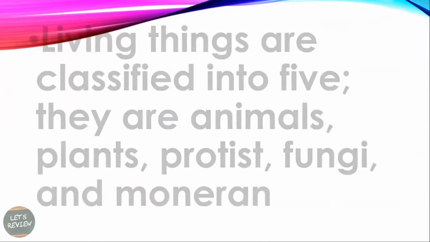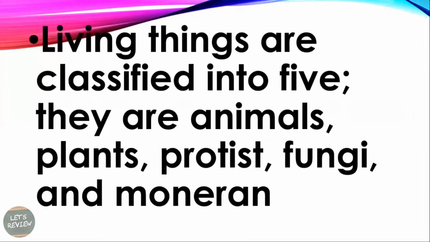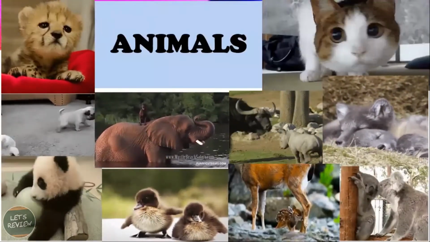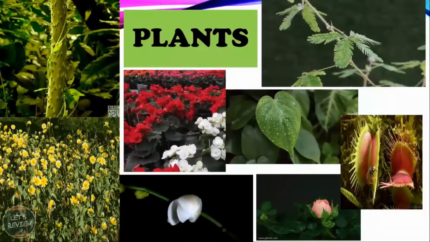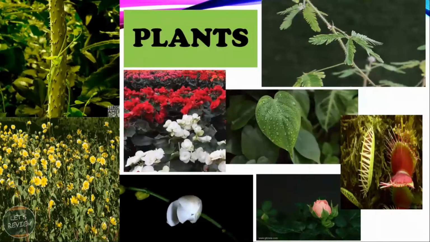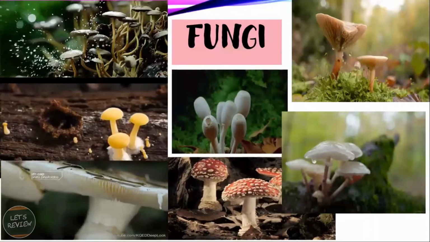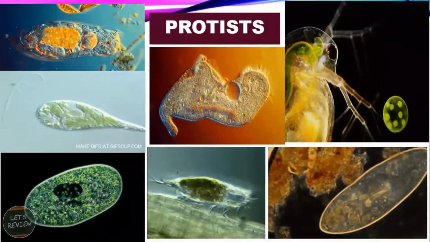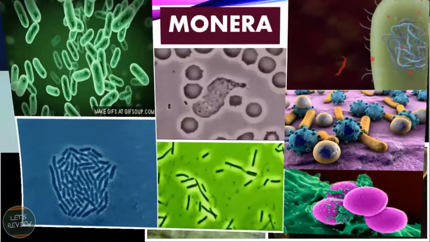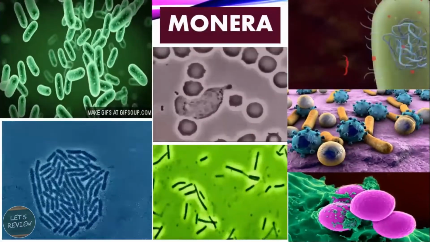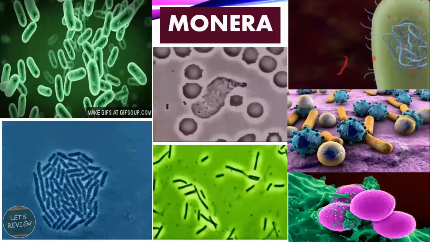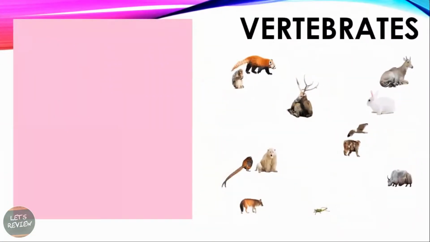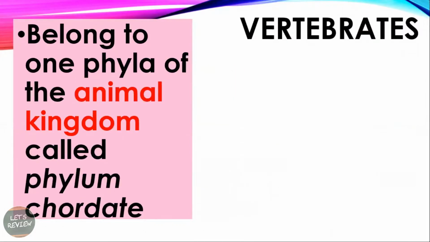Living things are classified into five kingdoms: animals, plants, fungi, protists, and monerans. So, like I said, we're going to focus on vertebrates.